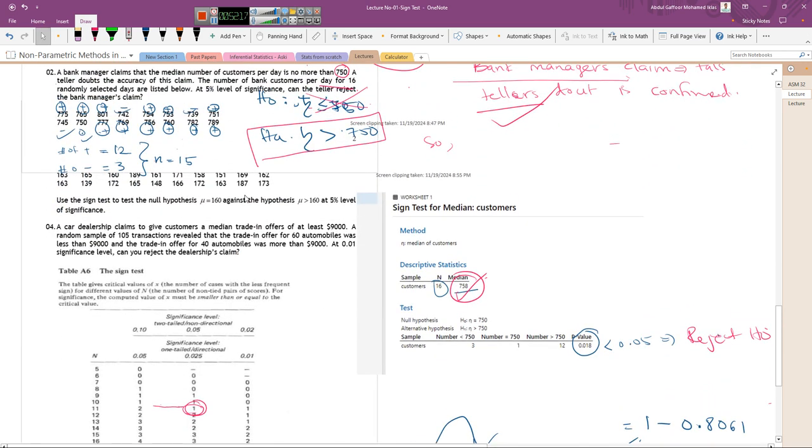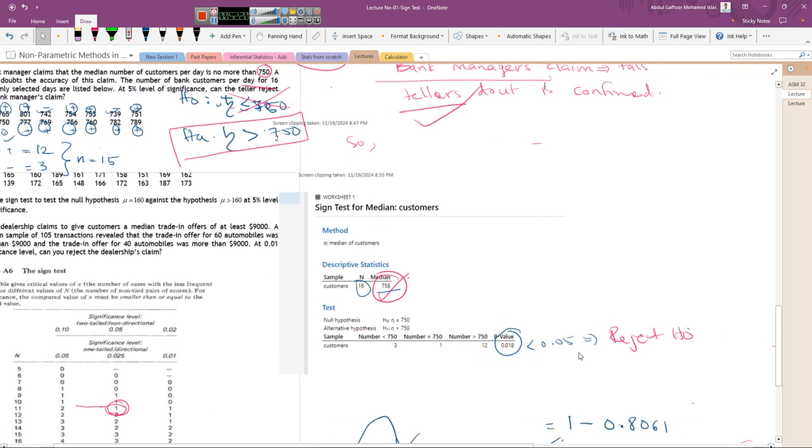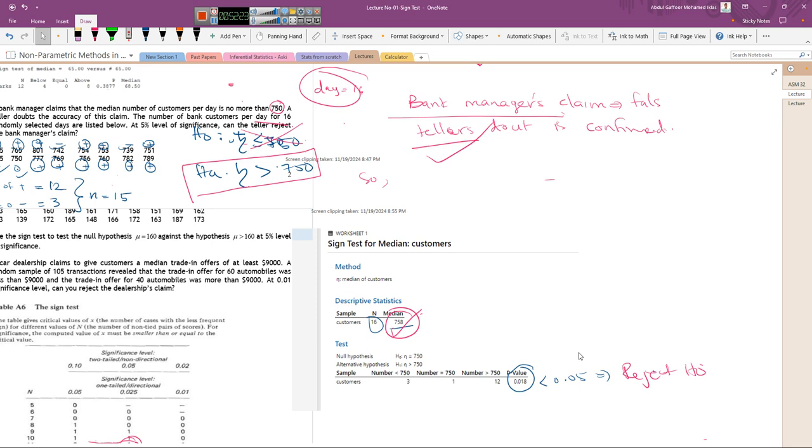Now we will see how we can again find this probability value. So here you can see our p-value is 0.018. Our alternative hypothesis is eta greater than 750, so our success is getting a positive sign, because the actual median is 758.